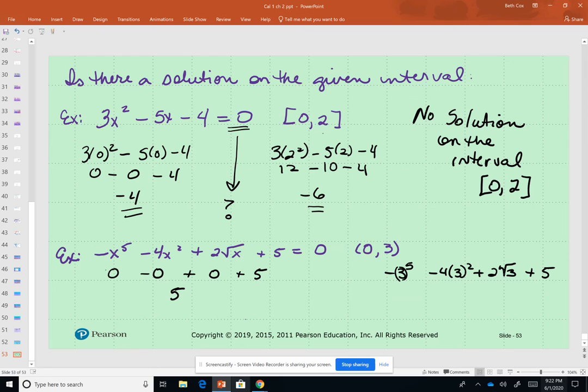I wish I hadn't erased it now. This is going to give me negative 36 plus 2 square roots of 3, which is a decimal. I had to pull out my calculator. It's 3.46 plus 5. So let's see if I can get this. I'm getting negative 270.53.